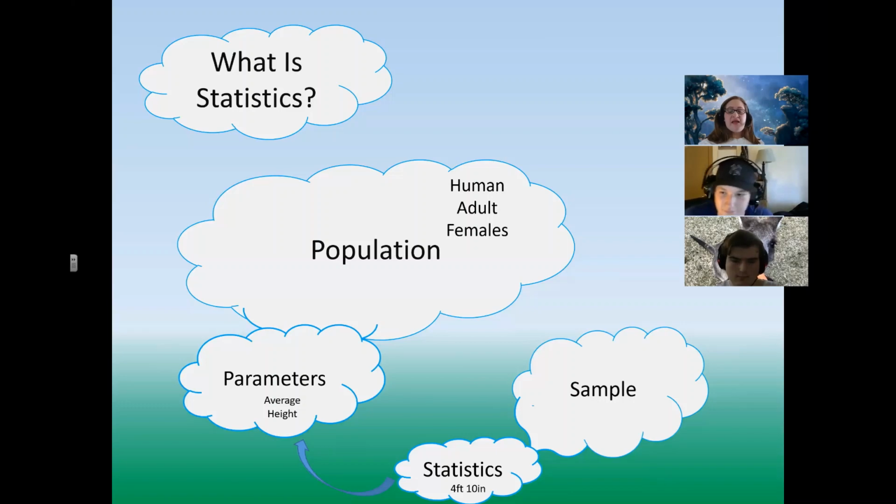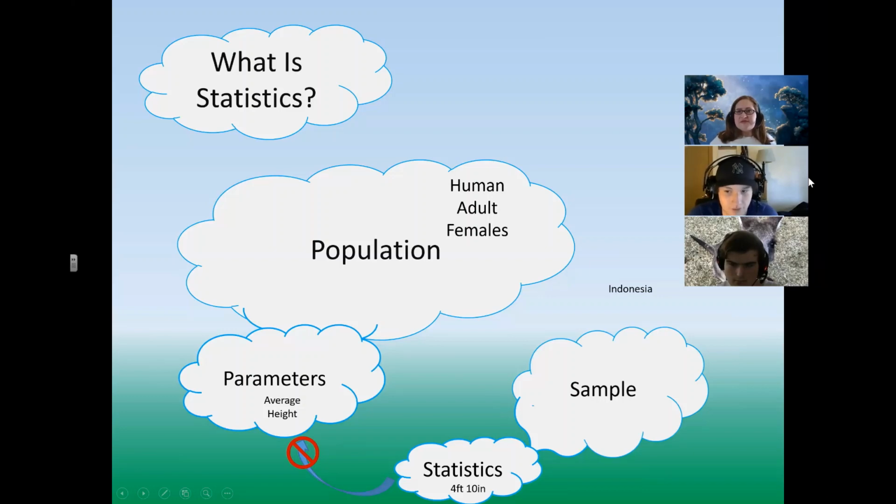And actually, this was a real life study. This was a real life sample, and these were their real life statistics. But if you look at the sample, you will find out that it is not actually for all human adult females. It was only people from Indonesia.